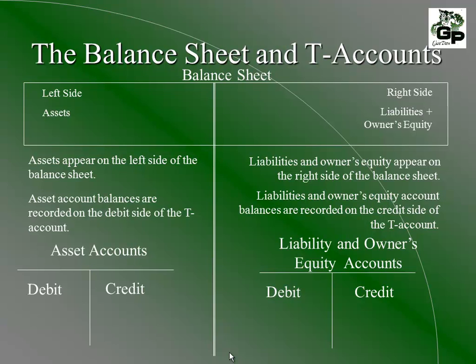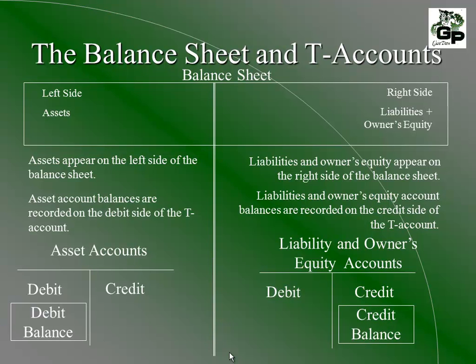Asset accounts increase on the debit side. Liability and owner's equity accounts increase on the credit side. Generally, asset accounts have a debit balance, and generally, liability and owner's equity accounts have a credit balance.